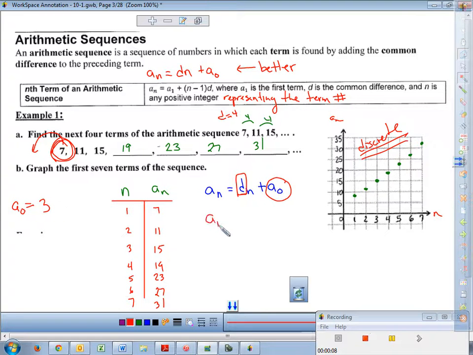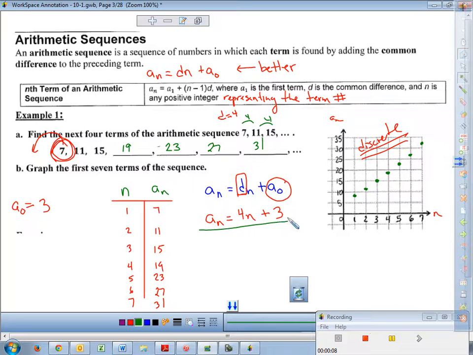So any term in this sequence that I want will be 4 times the term number plus the 0th term, which we just figured out is 3. And you can see that's like slope-intercept form. That would be the y-intercept of 3 right there, and then the slope is 4, rise 4, run 1, rise 4, run 1.